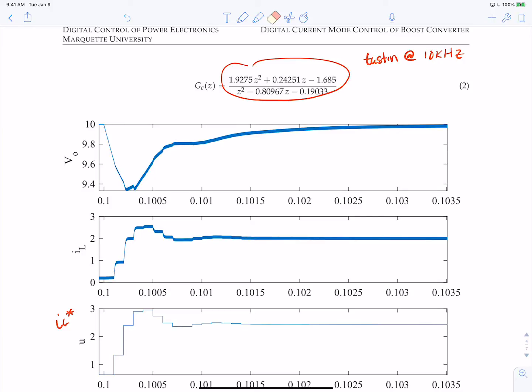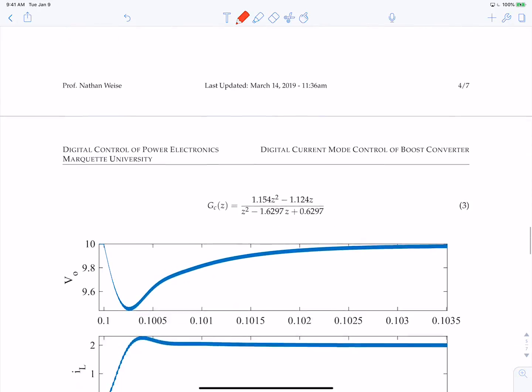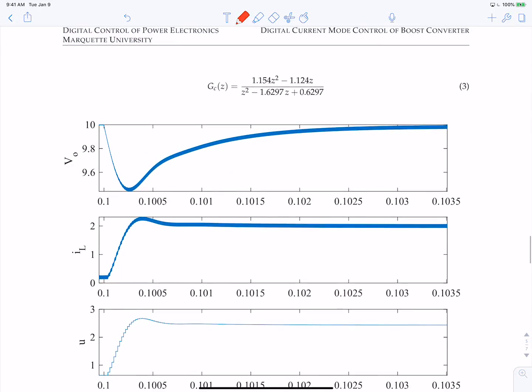So let's just take a look arbitrarily at 50 kilohertz. So here's 50 kilohertz, and this is for backwards Euler. And here's our controller, and you can see here's VO, comes down, recovers, and now you can see these discrete steps here.